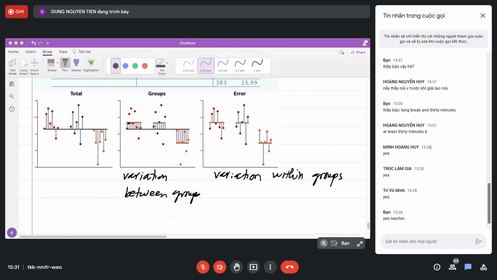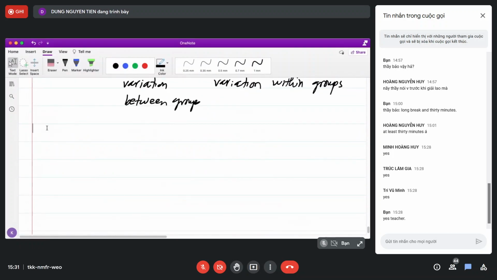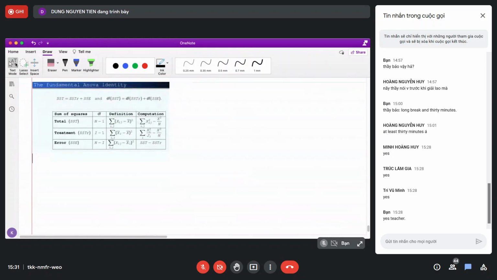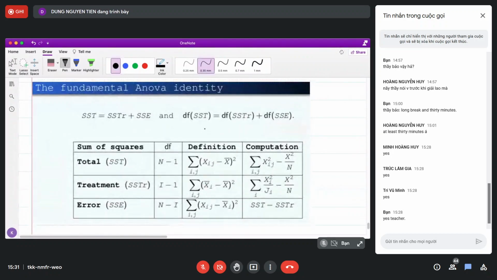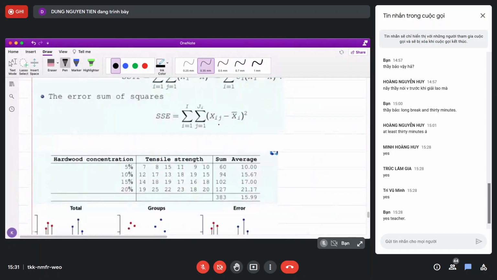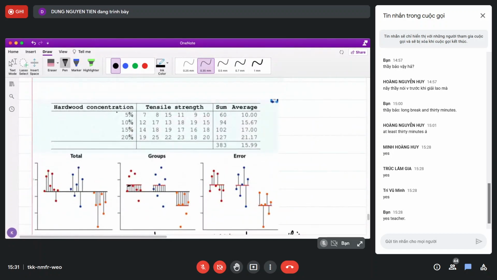And here's the fundamental equation for ANOVA, the one that I just mentioned. We have the equation that SST equals SSTR plus SSE, and we can also find the degrees of freedom. There are 4 levels, so the degrees of freedom for treatments is 4 minus 1, which is 3. There are 24 observations in total, so let's say capital N is 24.